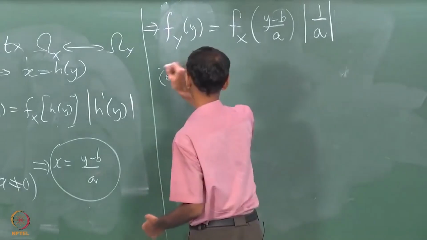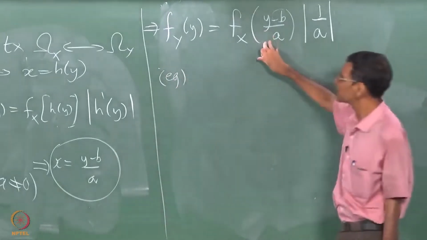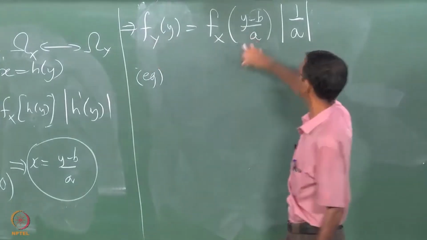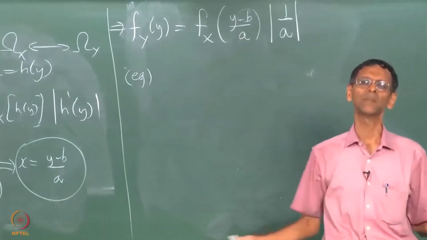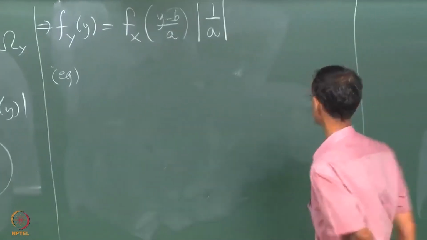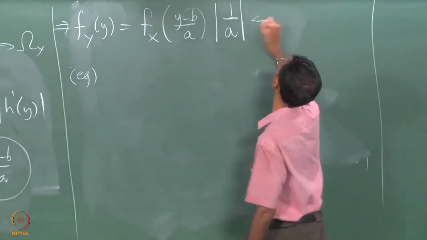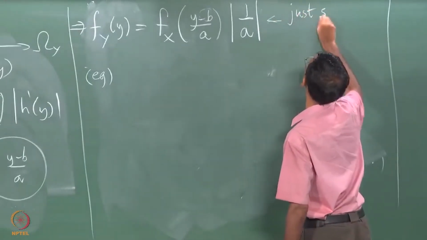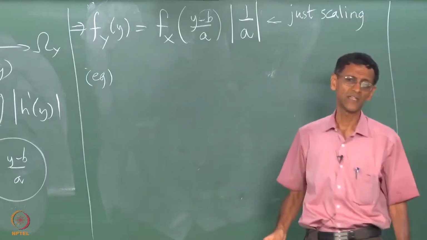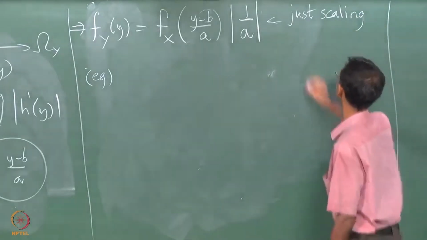Before I get to that, this is a shape preserving transformation. What do I mean by that? What is the shape of F_Y compared to the shape of F_X? It's exactly the same except for scaling and shifting. There is no other change to the shape as such.